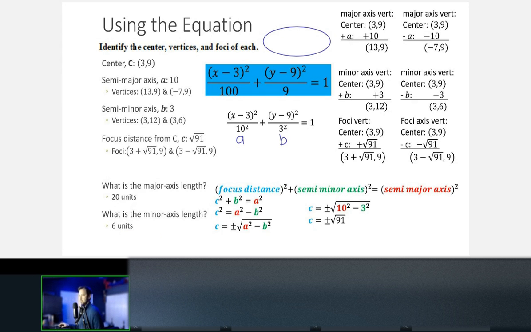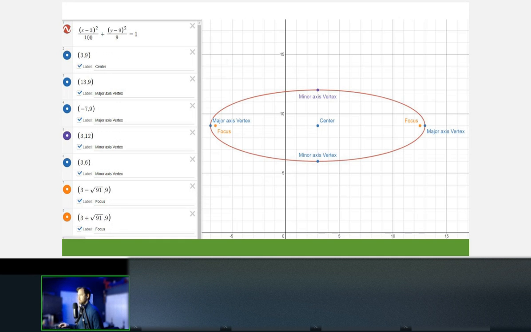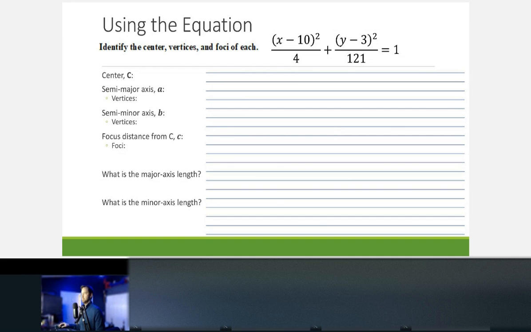Let's jump to the next one. Oh, and here's the graph. And if you want the link to that graph, there it is in chat.